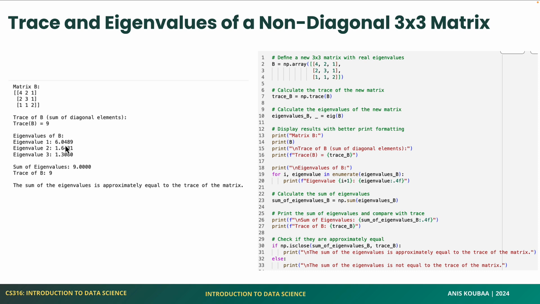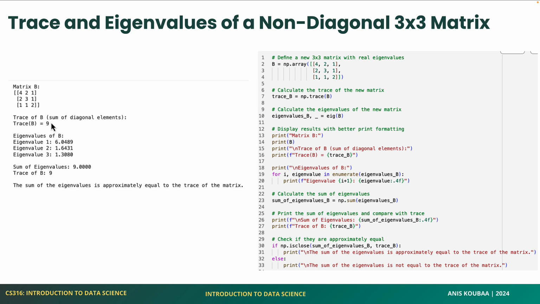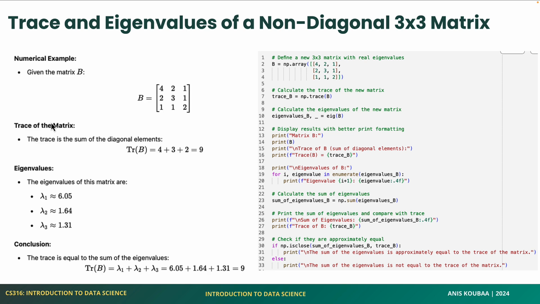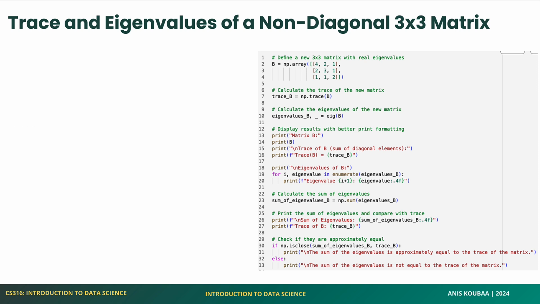So we have 6.0, 1.6, and 1.3. Making the sum of all the eigenvalues, we will find exactly the same value as the trace. Okay? And this is the numerical application. So this is a strong property of the eigenvalues in matrices.